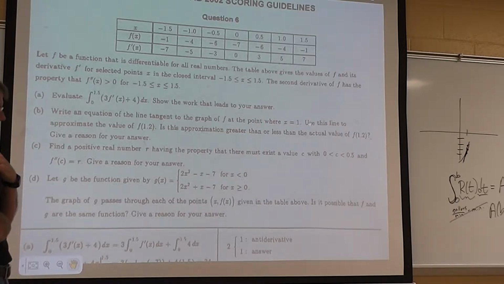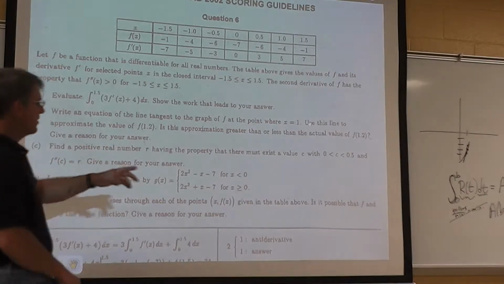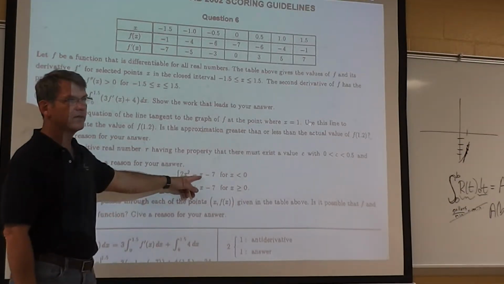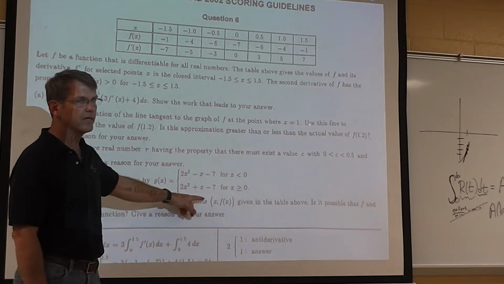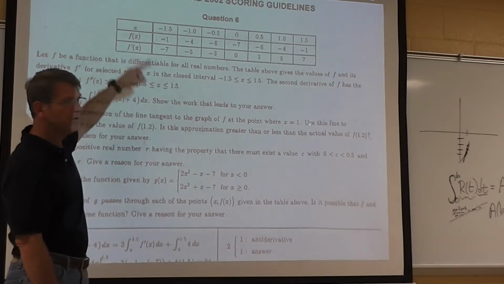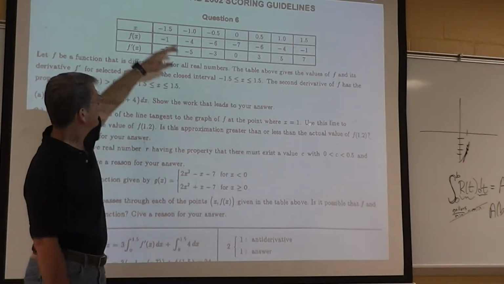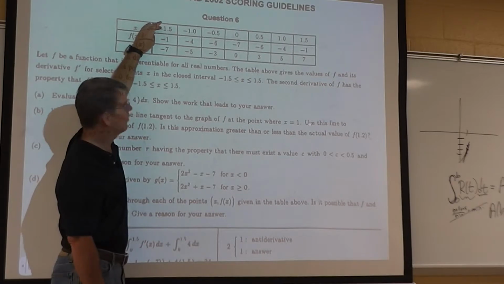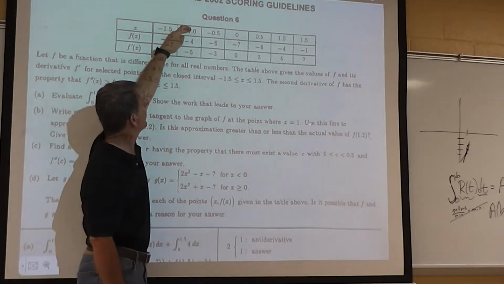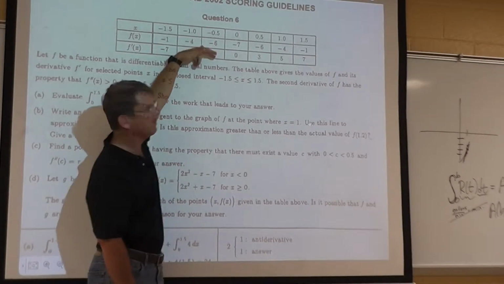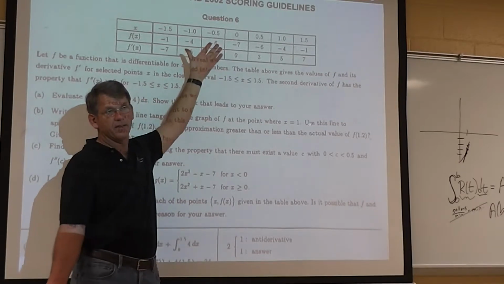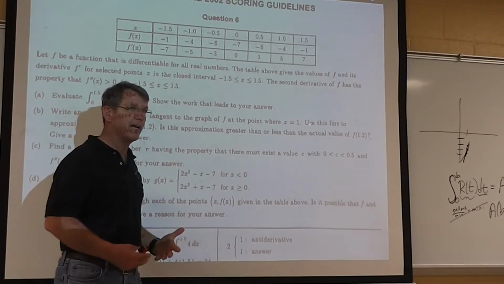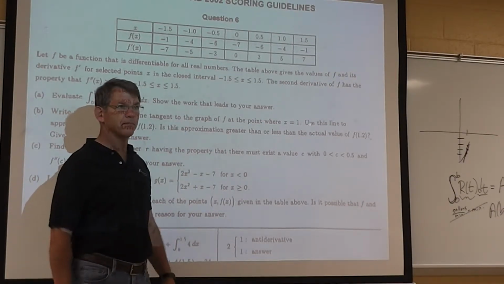You could take the derivative of each one of these and see, okay, this is going to be 4x minus 1. That's 4x plus 1. If I sub in different values for all my negatives, for 4x minus 1, will this give me -7? Well, this will give me -5. Well, that will give me -3, and so on. You can check that. If some of those don't pan out, not the same function.